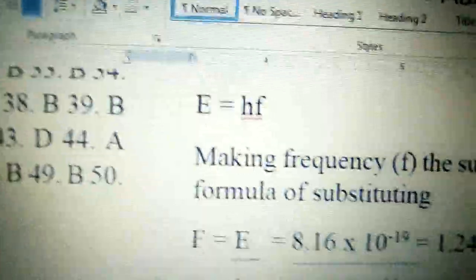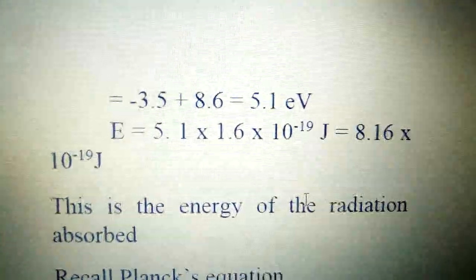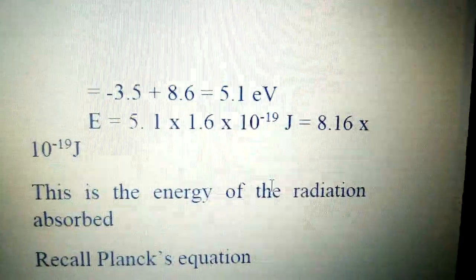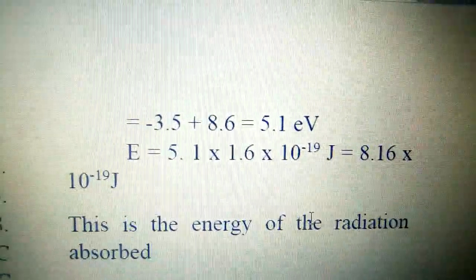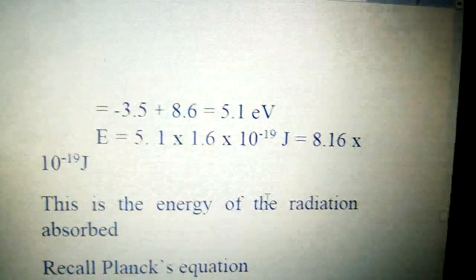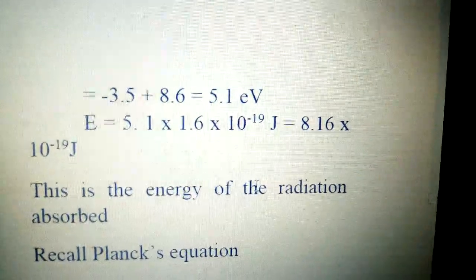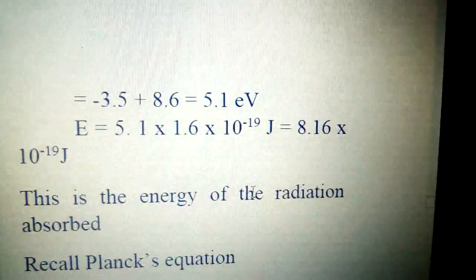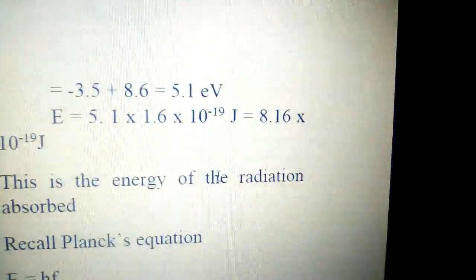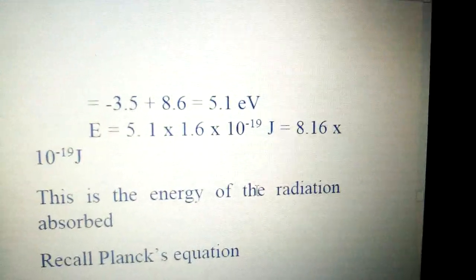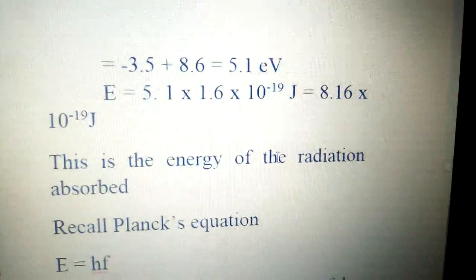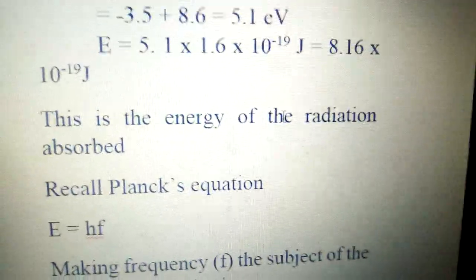Solving that, we arrive at 5.1 electron volt. We now convert that energy to joules. Since 1 electron volt is 1.6 × 10^-19 joules, we multiply 5.1 by 1.6 × 10^-19, and we get 8.16 × 10^-19 joules. This is the energy of radiation absorbed.